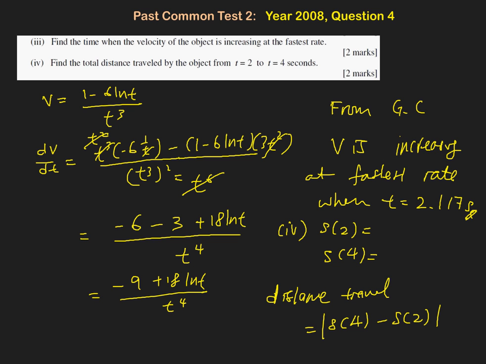Well, the absolute value of it, because it could be negative, and I leave the answer as it is. I will give the final answer, and it should be 0.448, give and take.